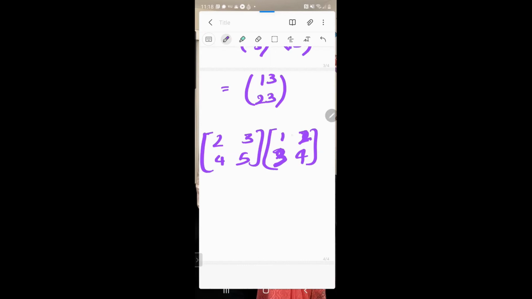Okay, we can go over the matrix multiplication again. So with these numbers, what I'm doing is I'm separating this second matrix into two halves. So when I multiply this matrix 2, 3, 4, 5 with 1, 3, what do I get?